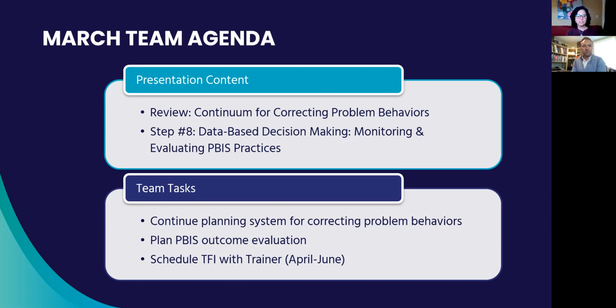During this training, your team tasks will be to continue planning your system for correcting problem behaviors or adding to your action plan. Then a plan for your PBIS outcome evaluation based on data. And finally, to schedule your tiered fidelity inventory or TFI with your trainer for April through June.